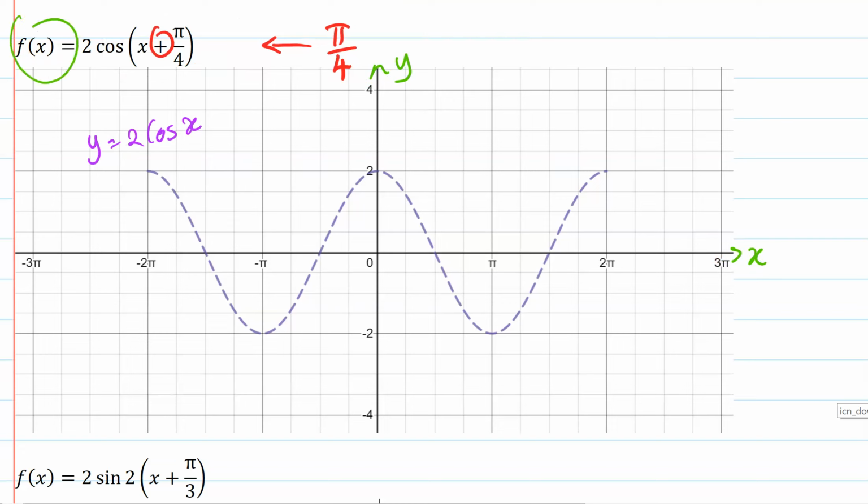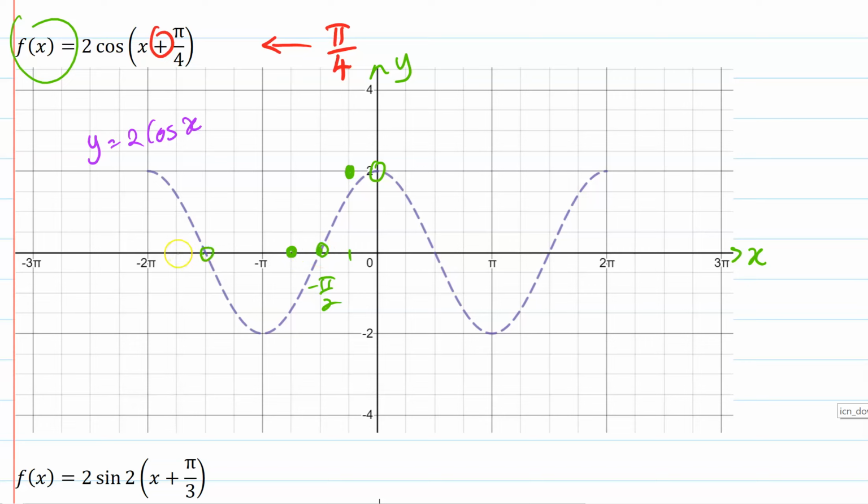Every time, what we have to do is look at my major points here, 0 comma 2. What I'm going to do is translate that pi on 4 units in the negative direction of the x-axis. Here you can see this is negative pi on 2, then pi on 4 is halfway through. You can see the nice grid here is scaled. Therefore, that's the point here. So the point in here moves to here, simply moving to the left.